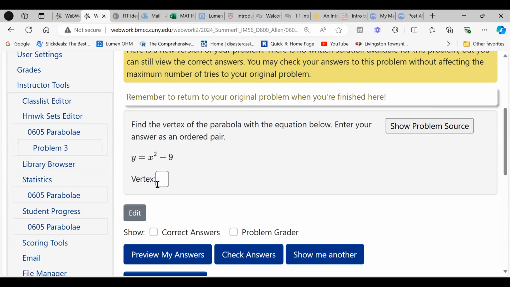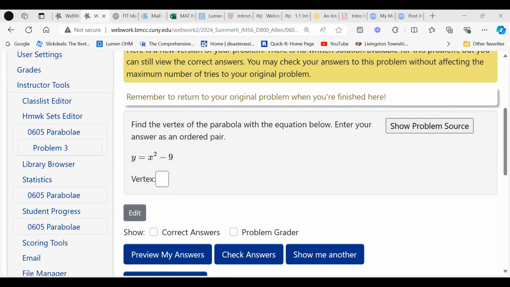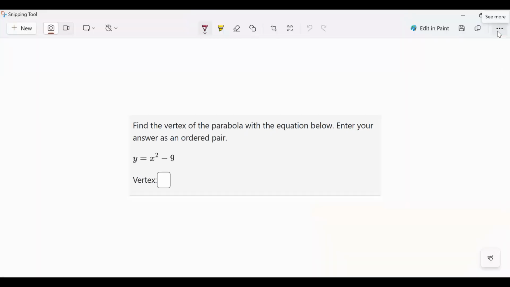This one, actually, no calculation needed. Any suggestion? What will be the vertex here? Right, so here this is already a perfect square. So when x equals 0, that term becomes 0, and we get the minimum value here.